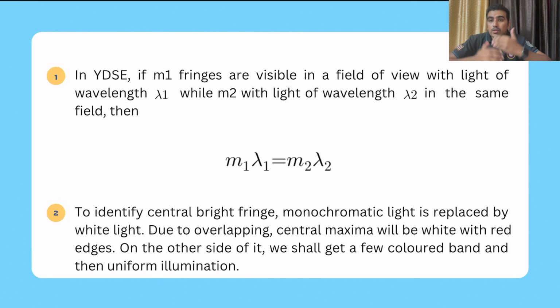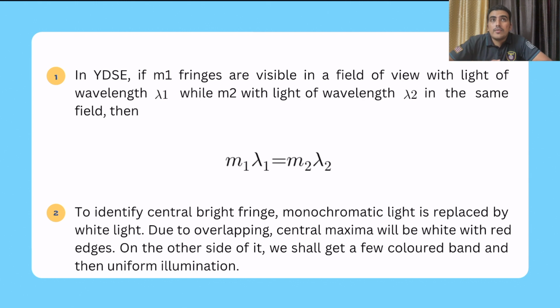You can also use this same method of writing in coinciding cases. For example, say the 10th bright band of one particular wavelength is coinciding with the 12th bright band when you use another wavelength lambda 2. Then how can we write it? 10 lambda 1 equal to 12 lambda 2. That way you can write.